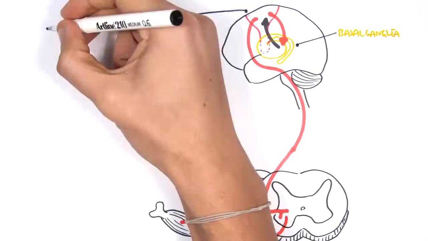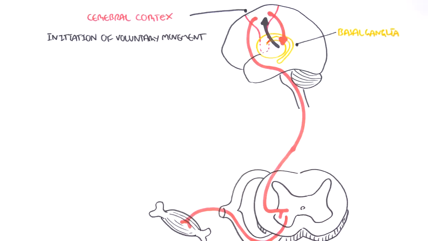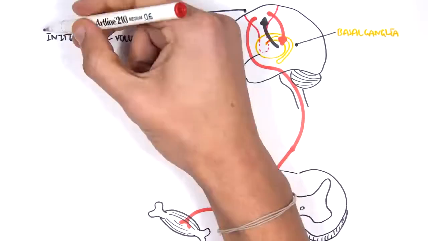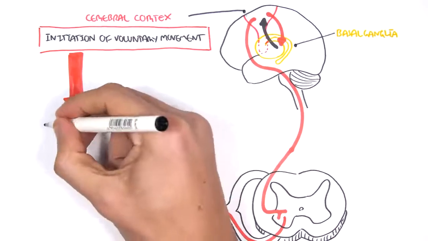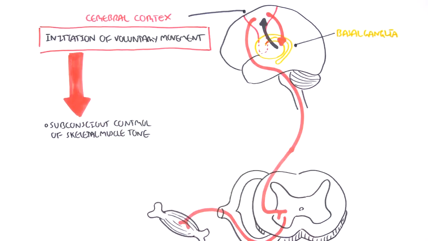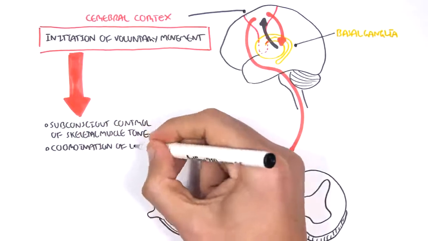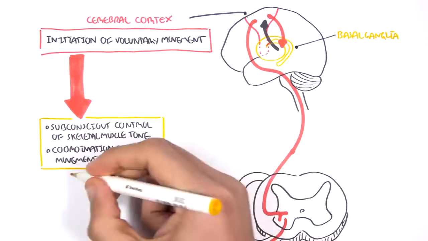Okay, now let's look at that in a bit more detail. Again, the cerebral cortex wants to initiate a voluntary movement. It will first send signals to the basal ganglia. And the basal ganglia will help in the subconscious control of skeletal muscle tone, as well as the coordination of learned movement patterns.